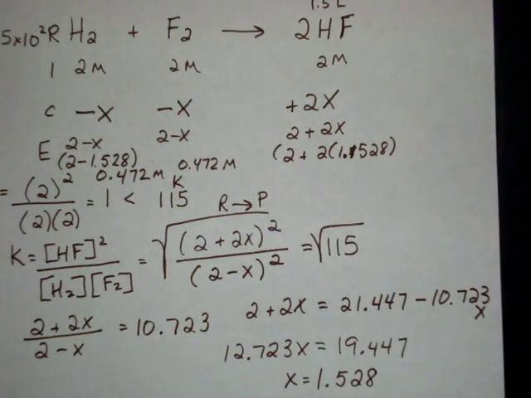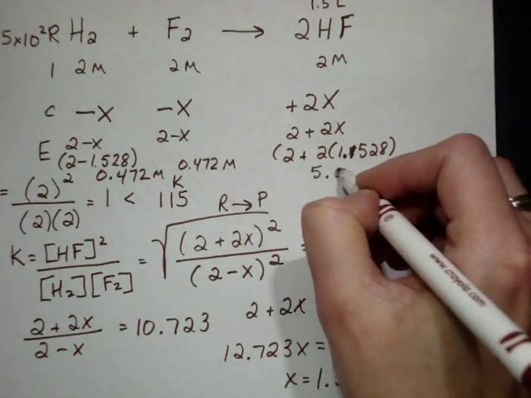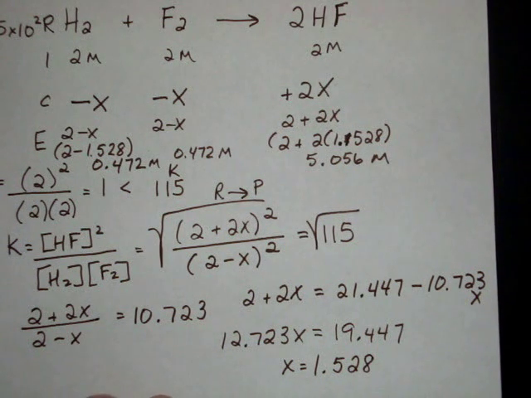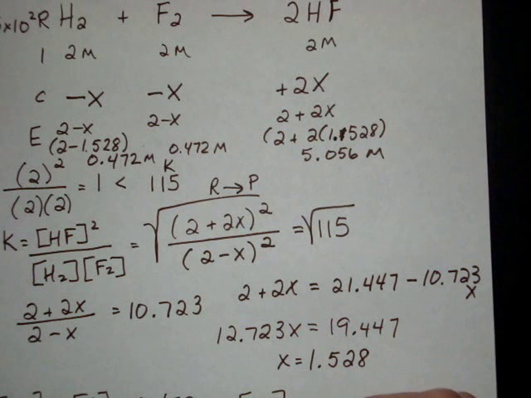And for the HF, I get 5.056 molar. So my actual answers, so we can actually see them, H2 equals F2, and those are both 0.472 molar, and then the HF is 5.056 molar. All right. There we go.